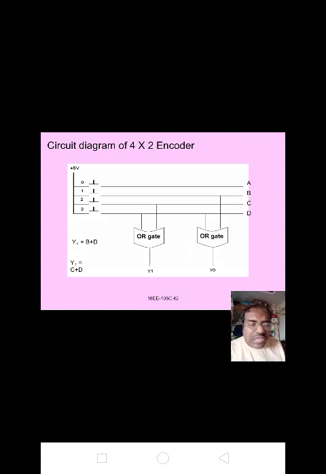Here switches are also given. Here, we have two outputs, and the inputs are 4.